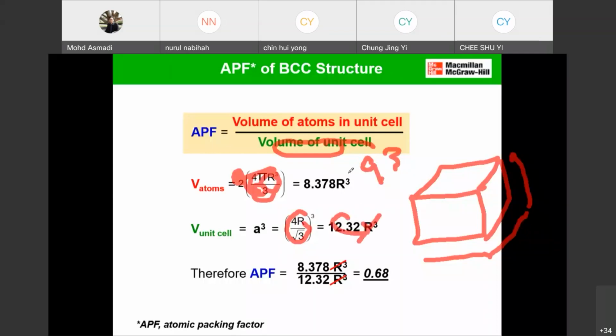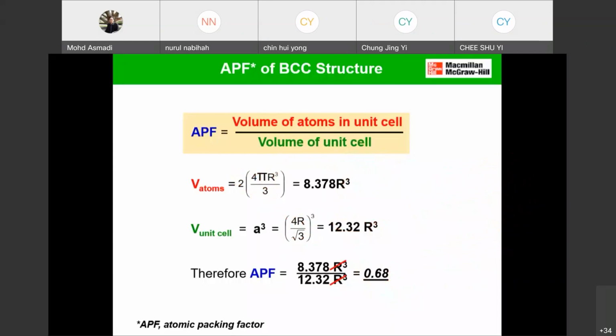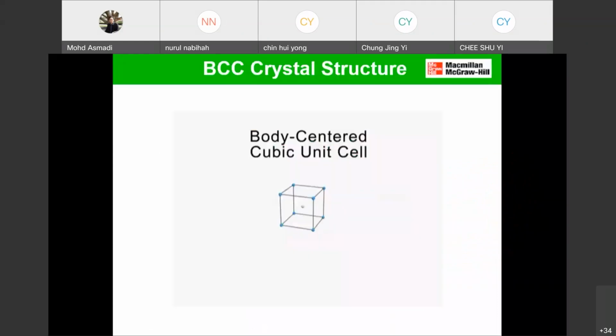Just cancel out the R to the power of 3 to get 0.68. So the void is reduced because there is an atom at the center. About 68% of the volume is occupied by the metal. So this is the atomic packing factor for BCC.